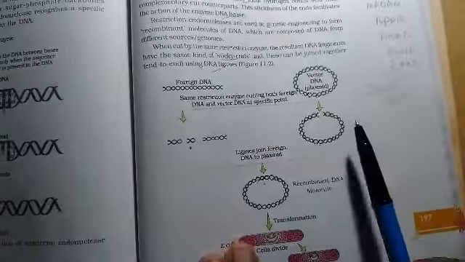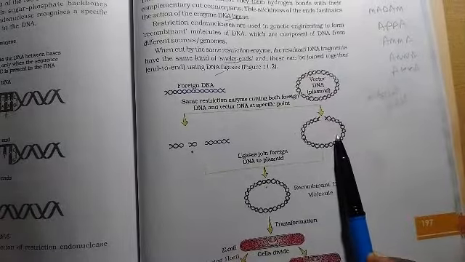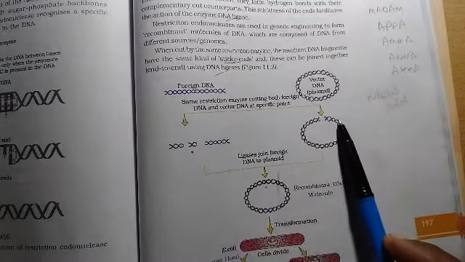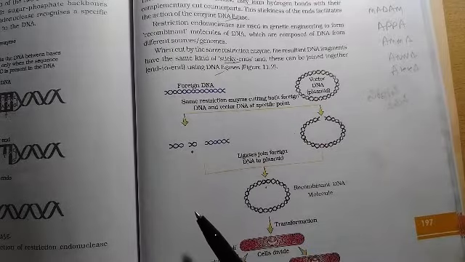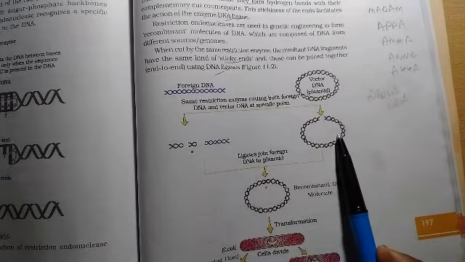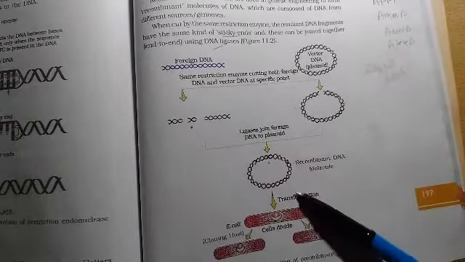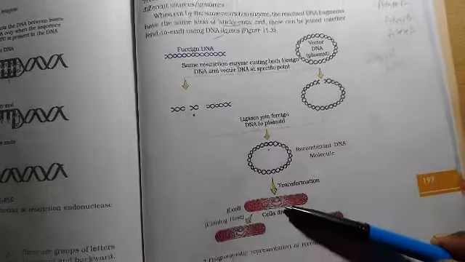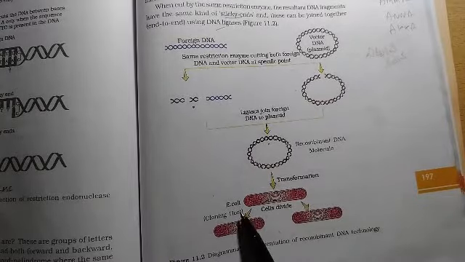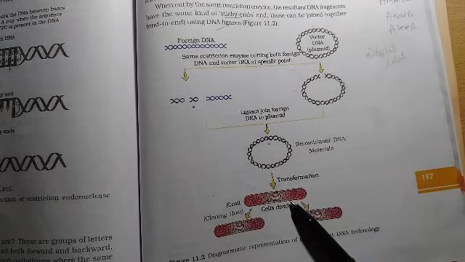and we mix the plasmid with our desired DNA, and complementary pairing will take place, and with the help of the ligase enzyme, the DNA will be joined to this vector. This vector is allowed to be taken up by the host cell, say for example E. coli. So it will be subjected to heat shock, or we will disturb the membrane by adding calcium ions, so that it can take up the plasmid DNA.